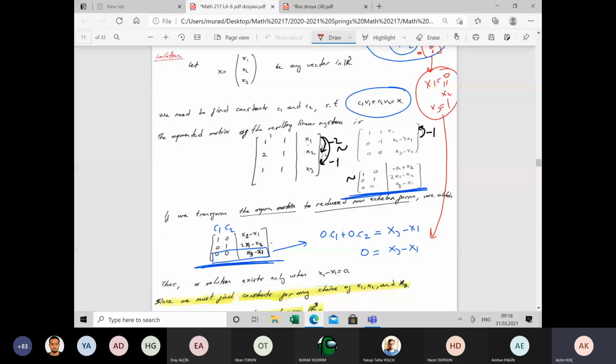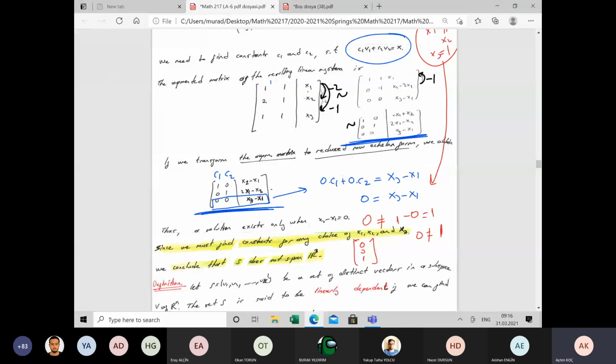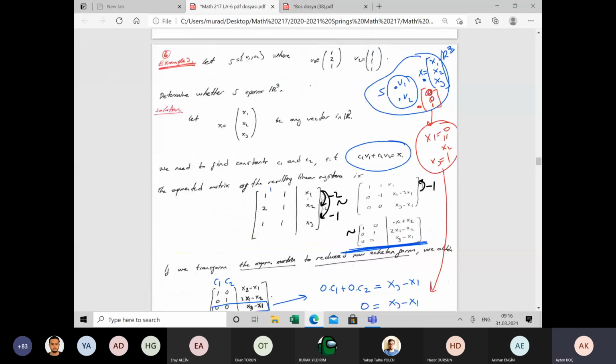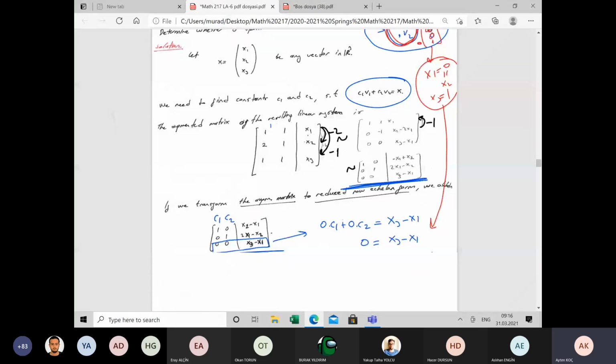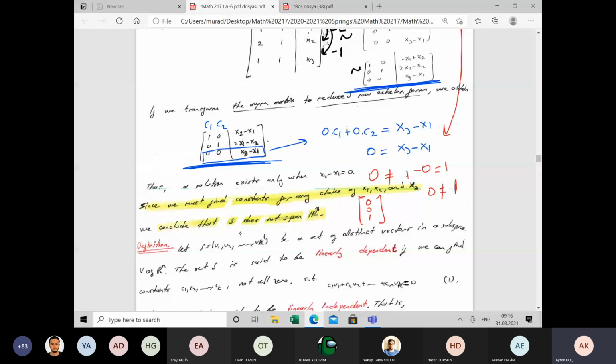We get a contradiction because 0 is not 1. So this vector 0, 0, 1 is not a linear combination of v1, v2, and it is not possible to generate this vector by using S. So what does it mean? This set does not span our space, because it does not generate some vectors in R cube.